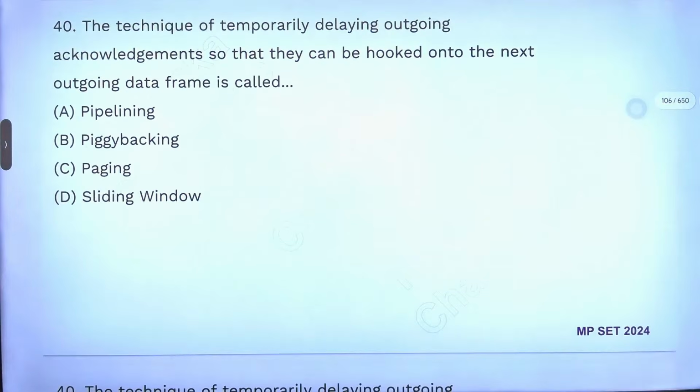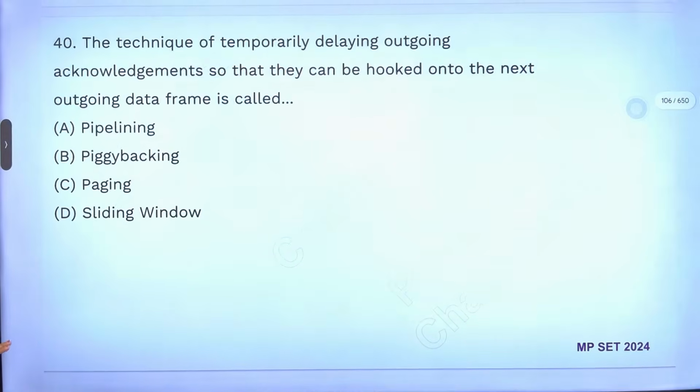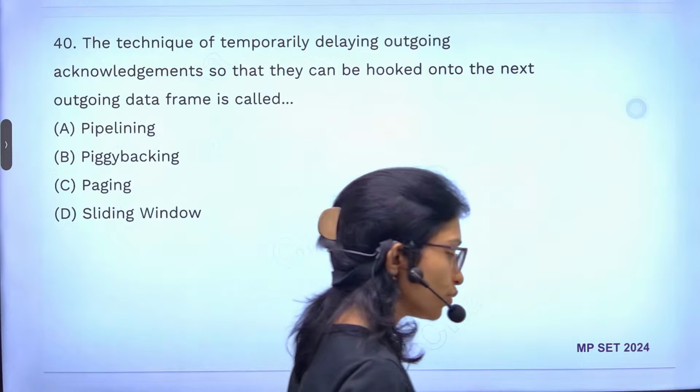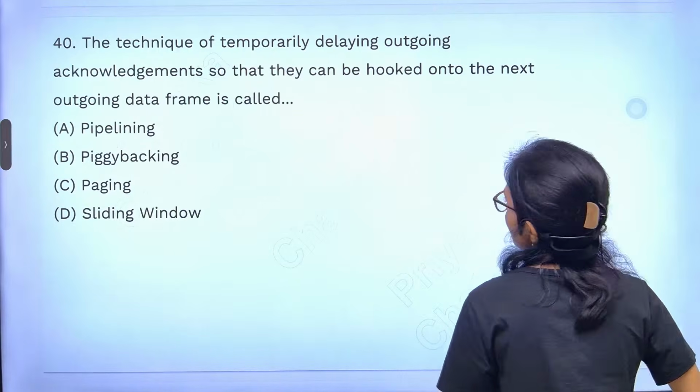Now, the technique of temporarily delaying outgoing acknowledgements so that they can be hooked onto the next outgoing data frame. It is also very popular. Every examiner is asking these areas. These are the most popular areas. What is this?